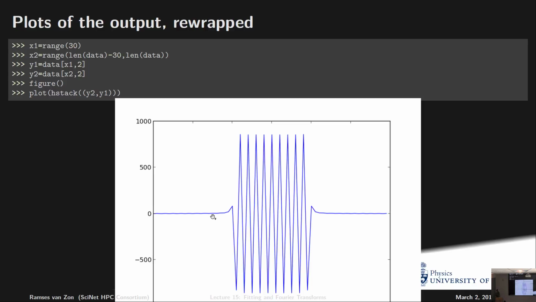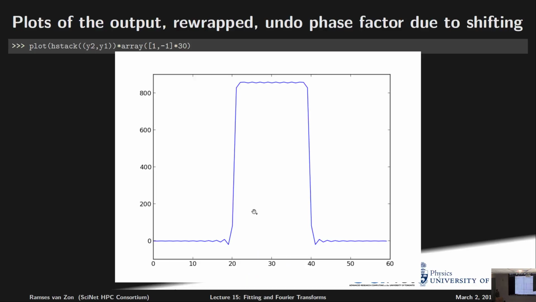This is closer to what I might want, but it still oscillates like crazy. And the reason it oscillates like crazy is something I can undo. I artificially undid this by multiplying every other number by -1, and now I get a rectangle. So I had to do two things: wrap things around, and multiply by an alternating sign to get the right answer.